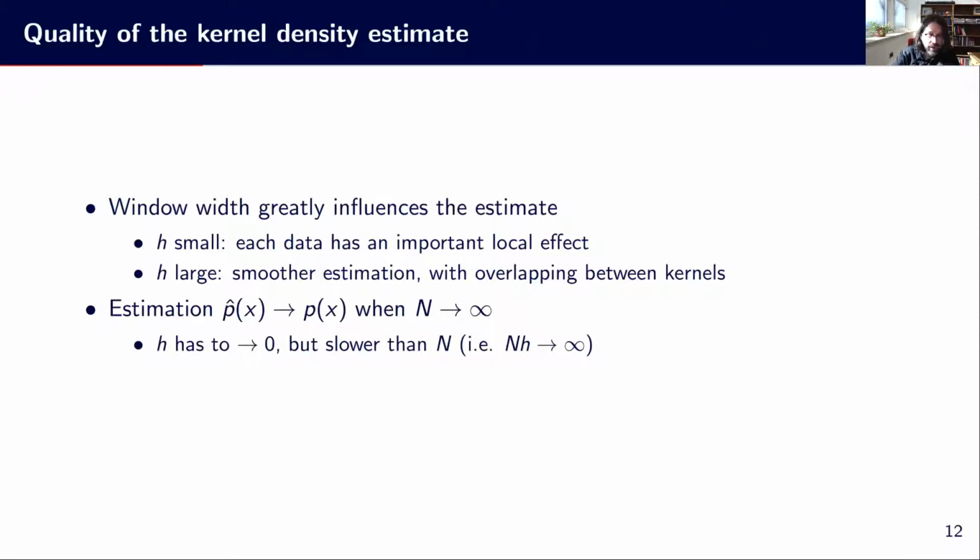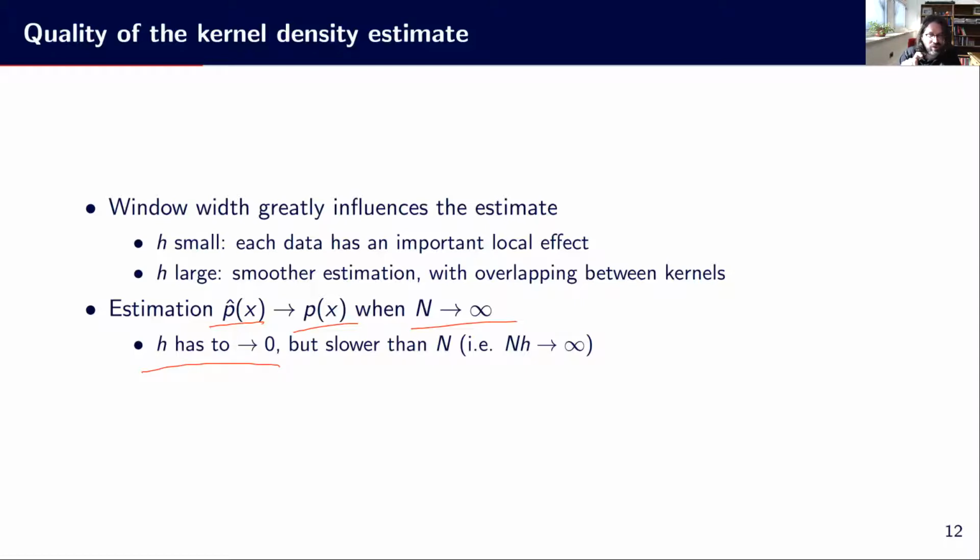We can demonstrate that when the number of samples goes toward infinity, our estimate will tend toward the real distribution. This is possible, but we have to get a window, an h value, that tends to 0. But this should be slower. It's kind of subtle.